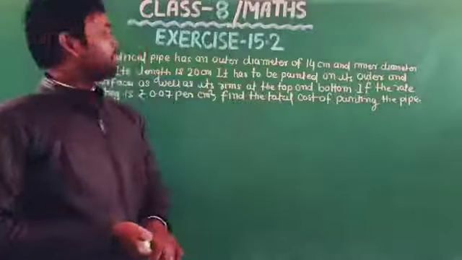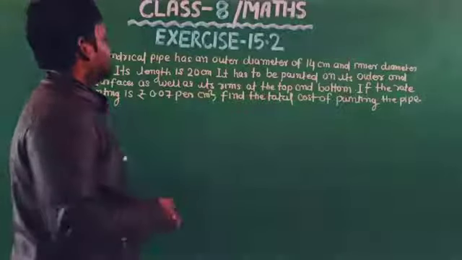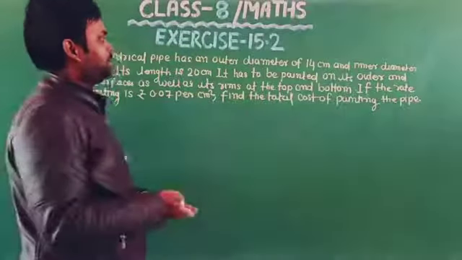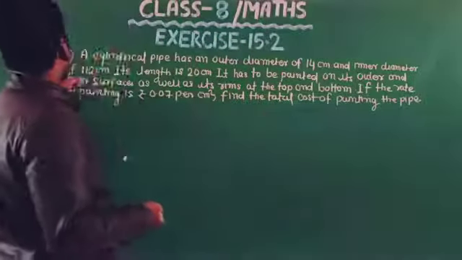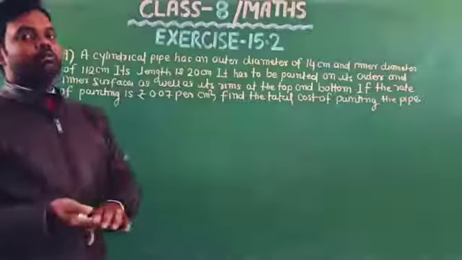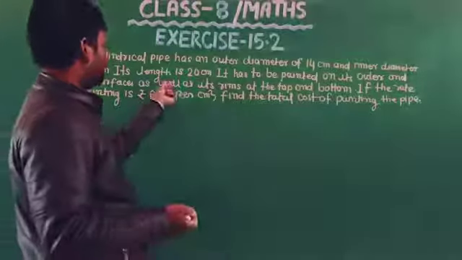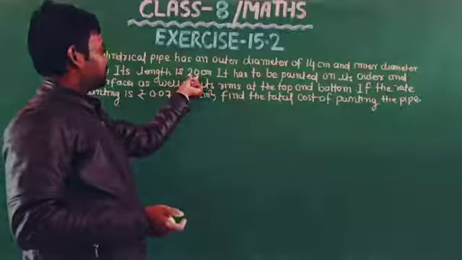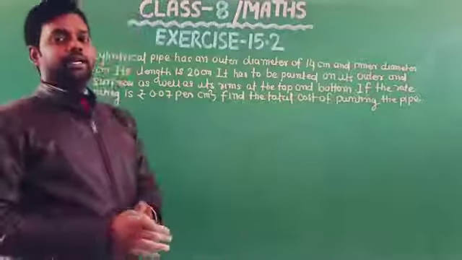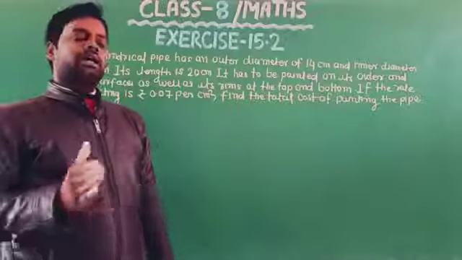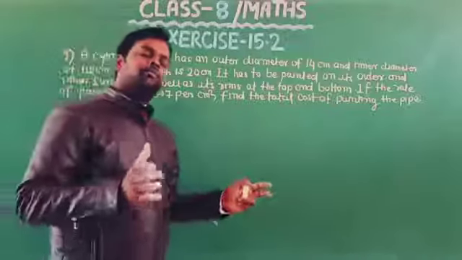Okay, so in this question we are given a cylindrical pipe having outer and inner diameter. Outer is 14 centimeter and inner diameter is 11.2 centimeter, and the length of the cylindrical pipe is 20 centimeter, and we have to paint its inner and outer surface area and the area of the rim on both sides.